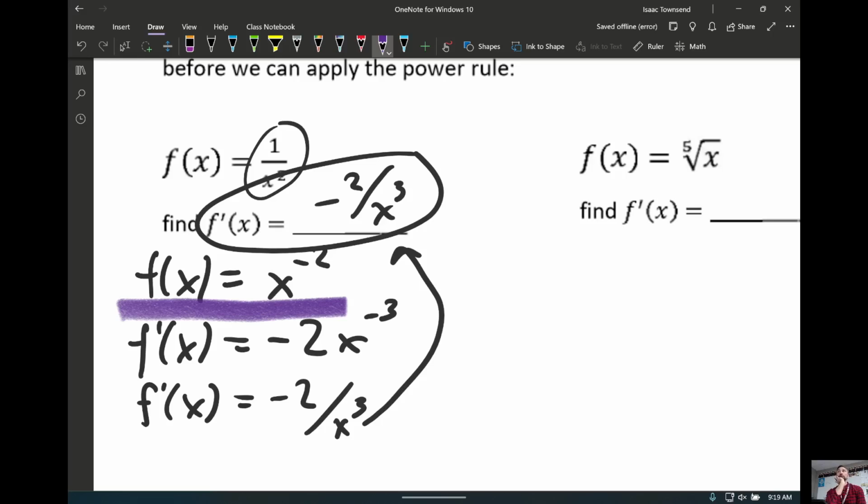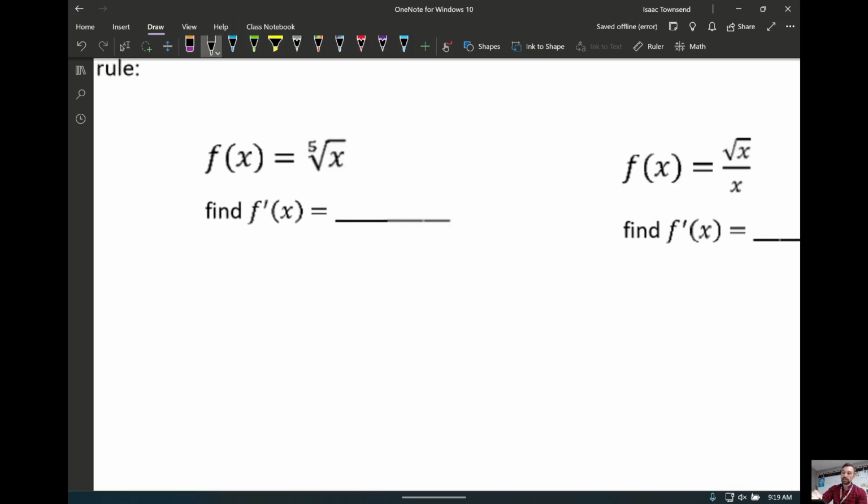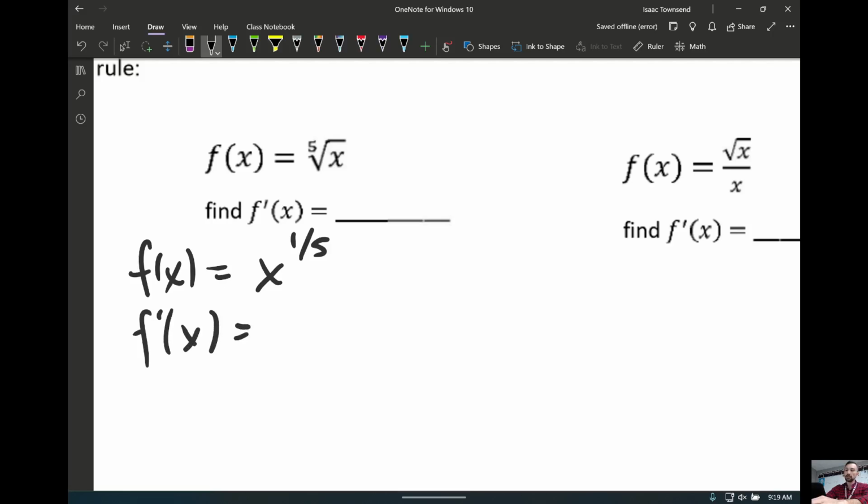Okay, and the next two questions will be similar. I would like to use the power rule on this, but it doesn't look right yet. So what you can say is, well, the 5th root of x is really just x to the 1/5. Now it looks correct. Now it's in the right format that power rule expects. So I can bring the power down, lower the power by 1, and don't leave your answers with negative exponents.